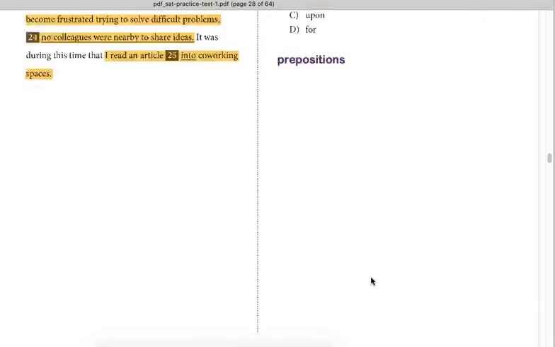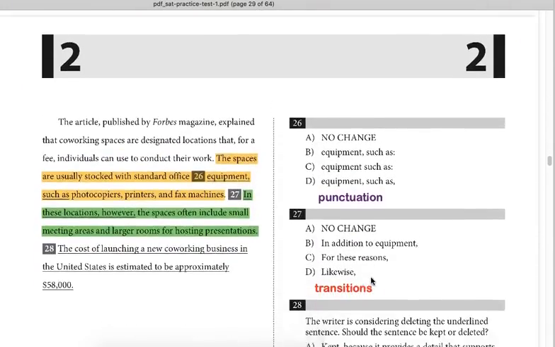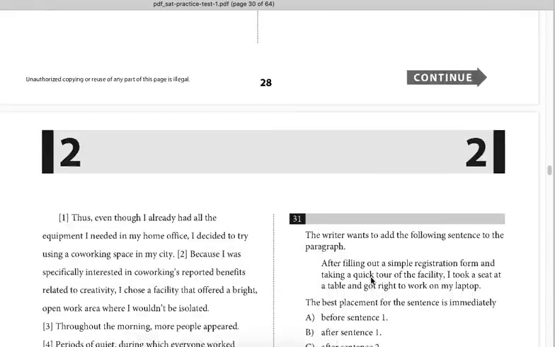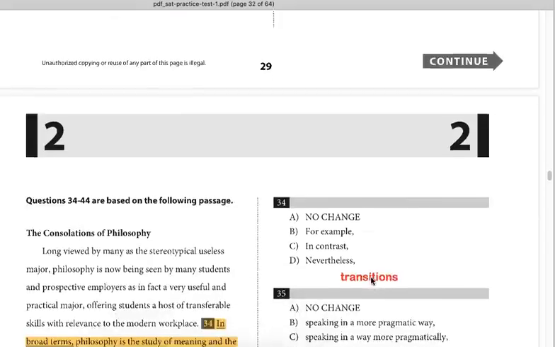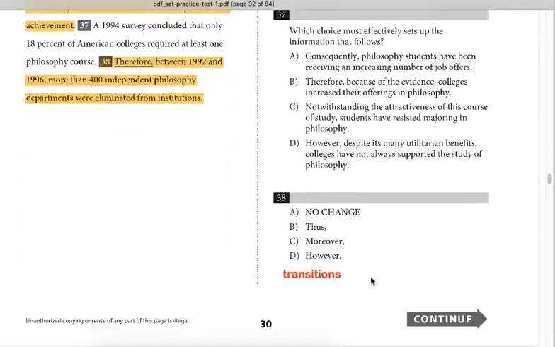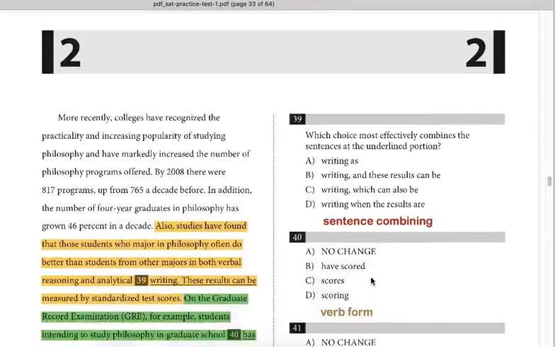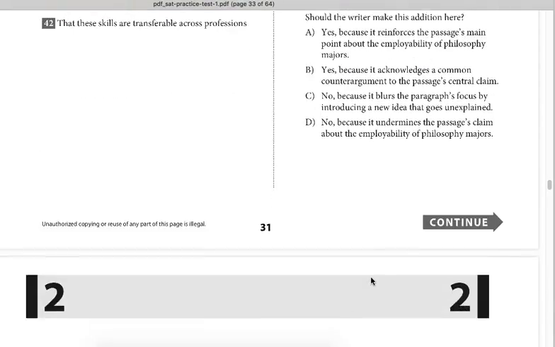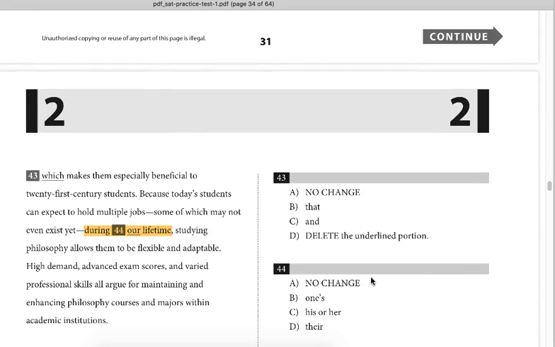Sentence structure, prepositions, knowing how they affect sentences, transitions again, punctuation, transitions, verb forms, transitions, and sentence combining, verb forms, punctuation. You get the picture. Someone would say to me, well, is this true for all of the exams? Yes, they are. All of the SAT writing sections are identical. The only difference is the focus on different elements. But grammar is the key to success on this test.